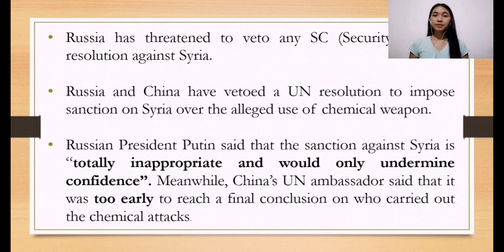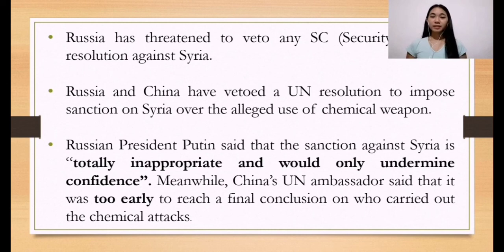So, aside from Russia, China also vetoed a UN resolution to impose sanctions on Syria over the alleged use of chemical weapons. They actually have a reason for why they vetoed, or why they are against the UN resolution against Syria.